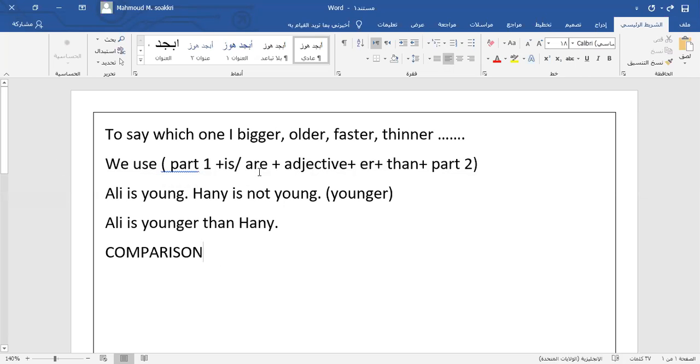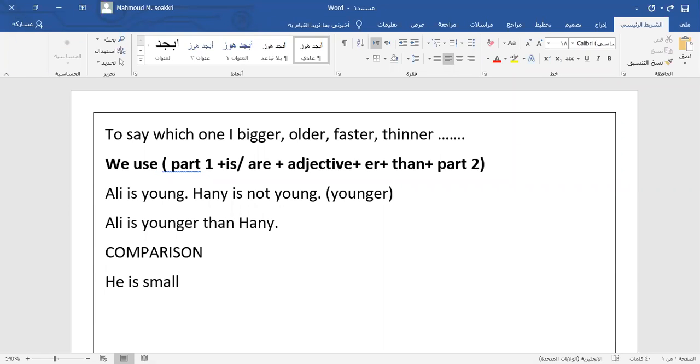I give you another example. He is small. She is not small.